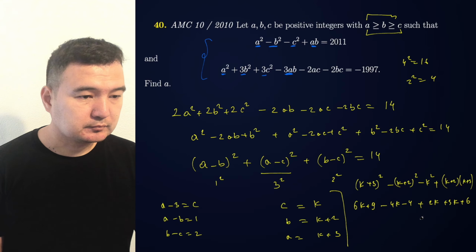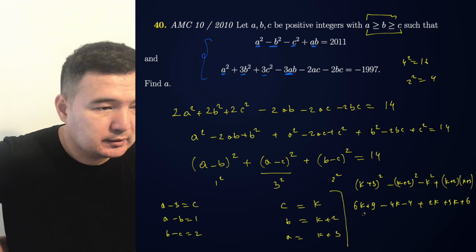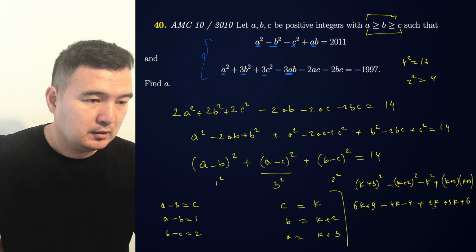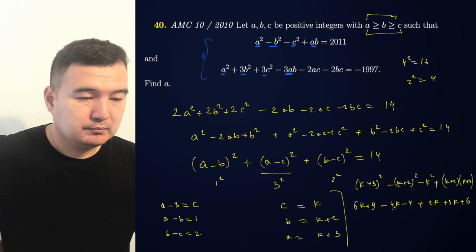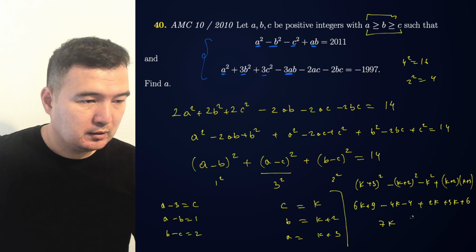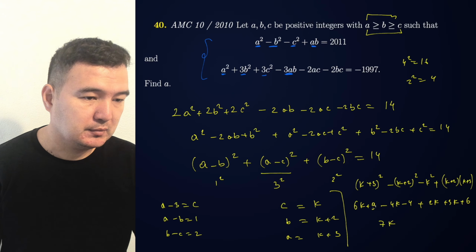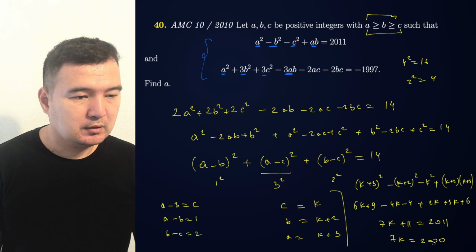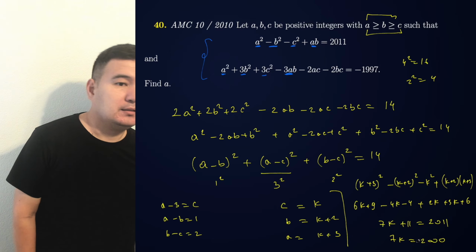And then you can see how many k's we have: 6 plus 5 minus 4, that's 7k. And then the numbers are 9 minus 4, 5, plus 6 is 11, so 7k plus 11 is 2011. 7k is 2000, so k is not an integer.